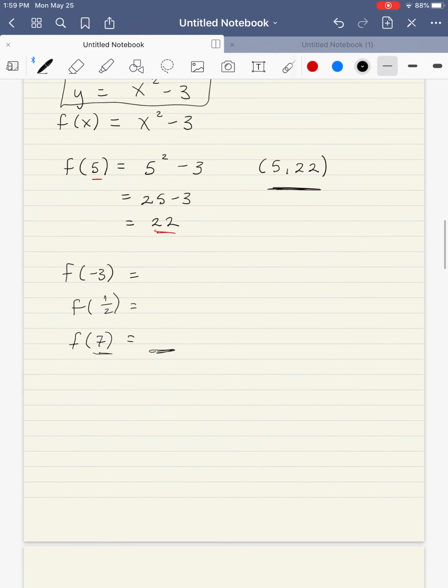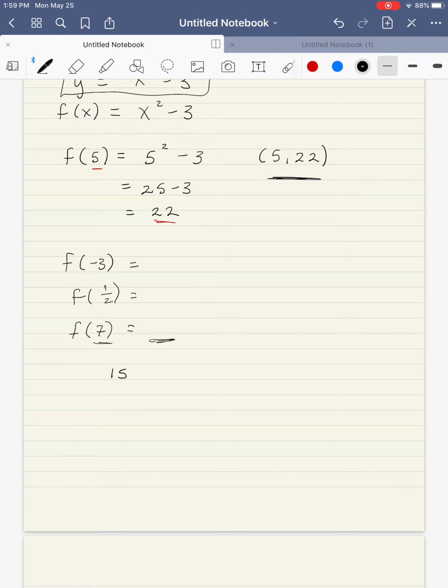So if I asked you, is the point (3, 6) a point on the graph?